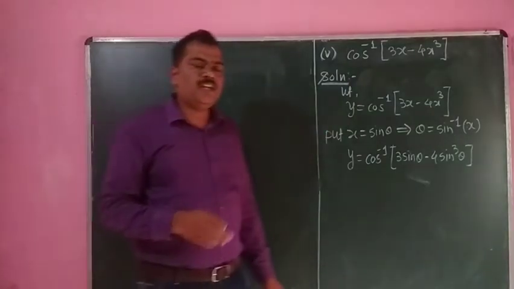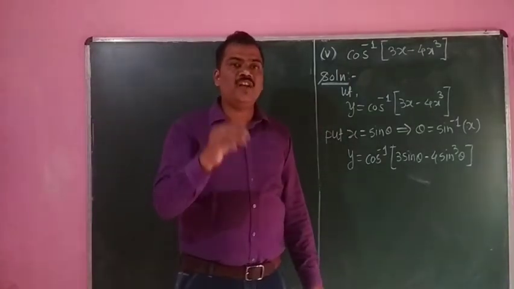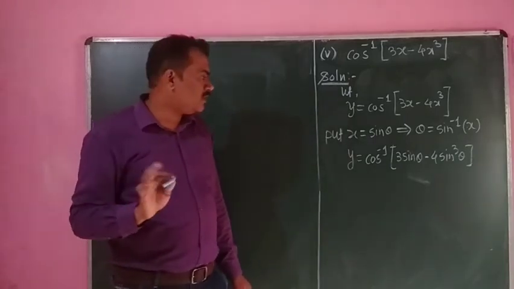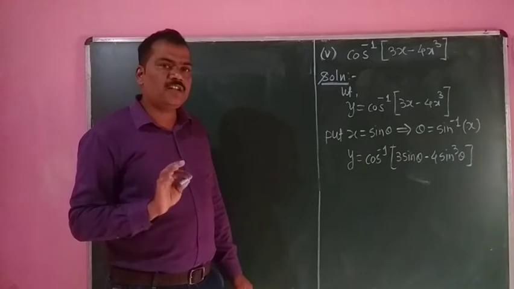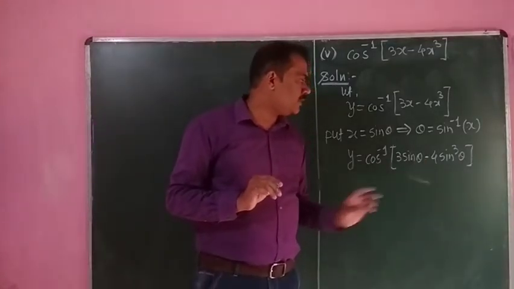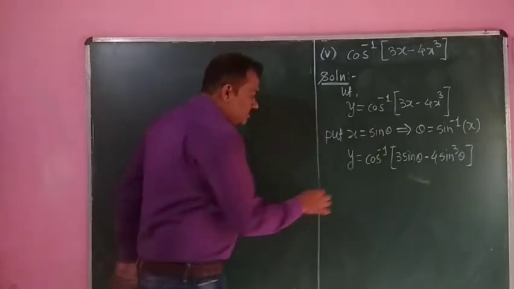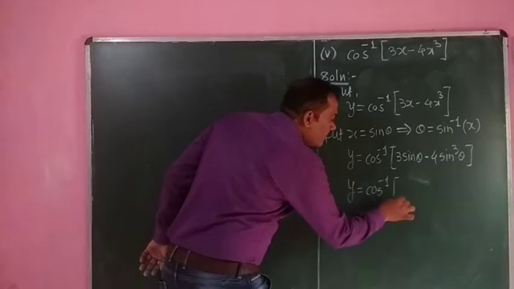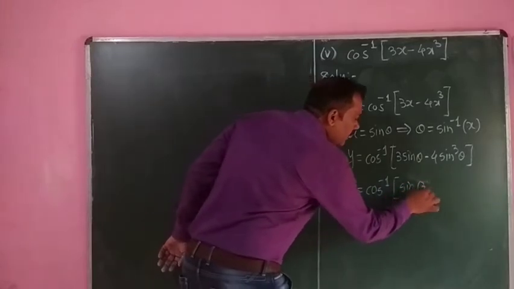Whatever formulas related to trigonometric functions we already discussed in the 11th standard, all these formulas are important, so we have to keep all the formulas in mind. 3 sin theta minus 4 sin cube theta is nothing but sin 3 theta, so we can write y is equal to cos inverse of sin of 3 theta.